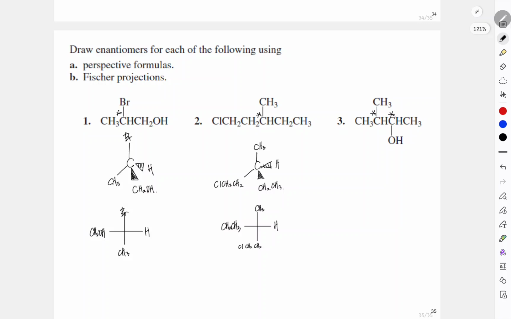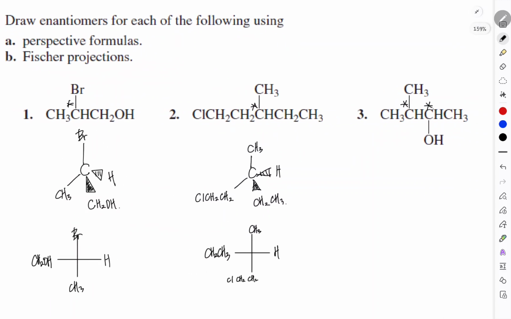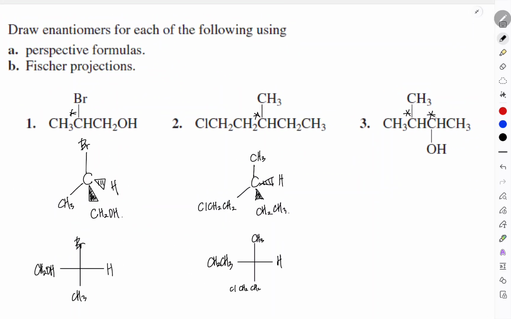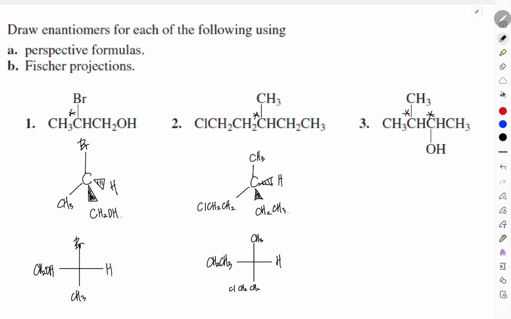You can apply the Fischer projection here too, and you know that this is the asymmetric center, right? And then just locate any four substituents in any order, right? So you can put H, methyl, bromo, and alcohol. Right? That's one enantiomer you can think of, and then you can simply swap any two substituents that will give you, right, the enantiomer.